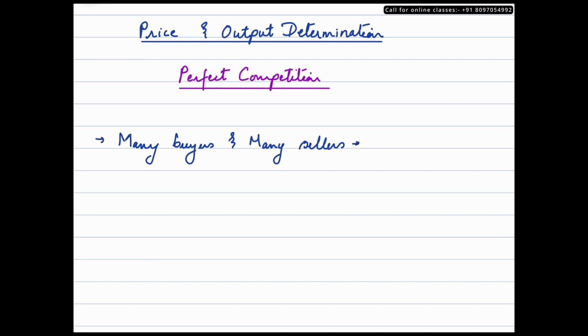This implies that an individual buyer or an individual seller will not be able to influence the price in the market. Another feature is that the sellers in a perfectly competitive market are price takers. Correct? Price takers means that they accept the price determined by the demand and supply forces in that market.